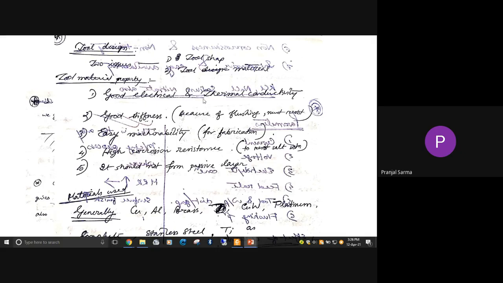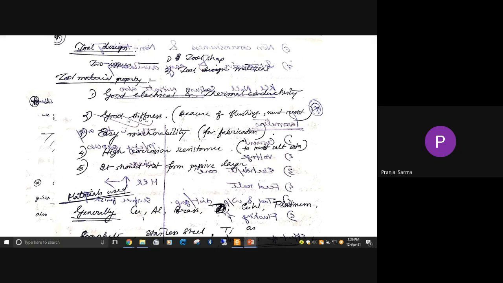One is the tool shape, and one is the tool material. What condition do we want for the tool material? It has to have good electrical as well as good thermal conductivity; otherwise, if it is not electrically conductive, how can it behave like an electrode?